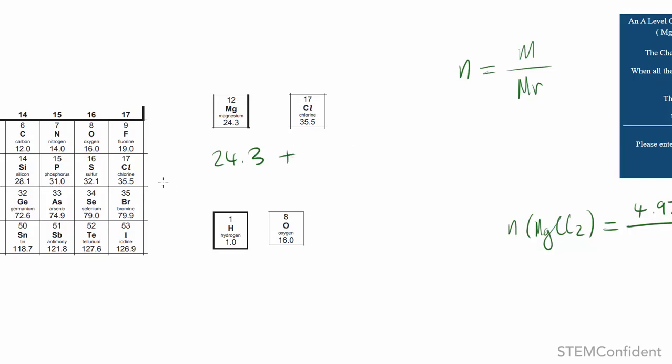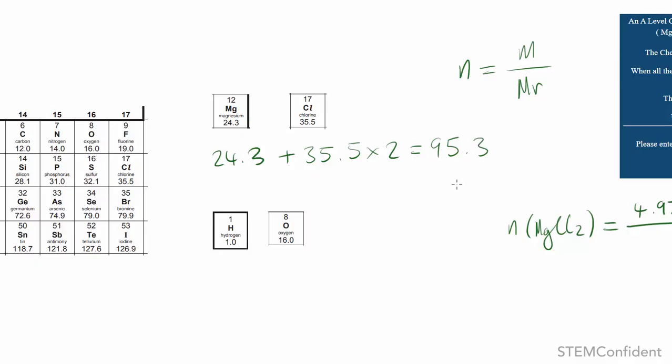Plus, for the Cl₂ component, that's going to be 35.5 times 2, right? And that's going to give us 95.3.